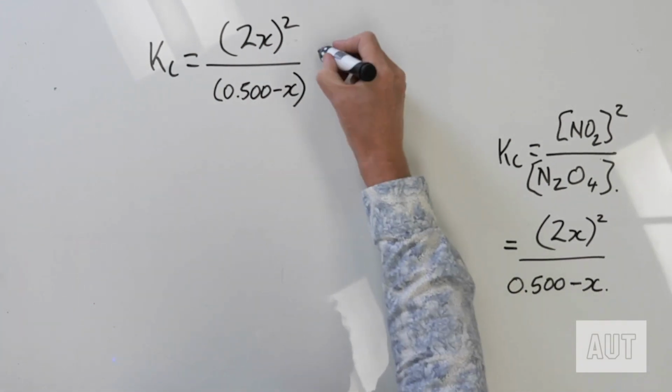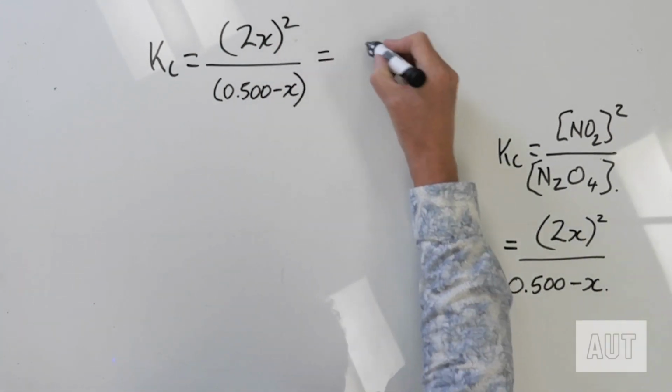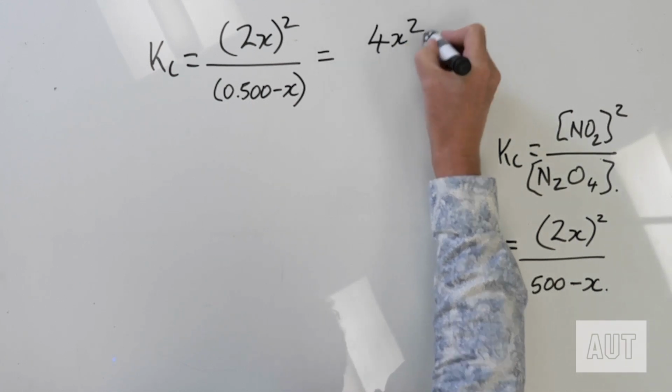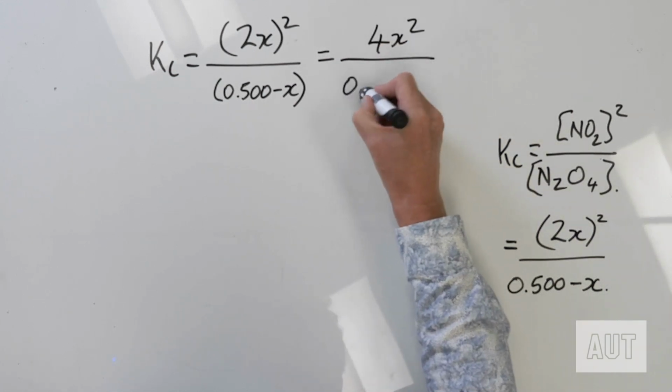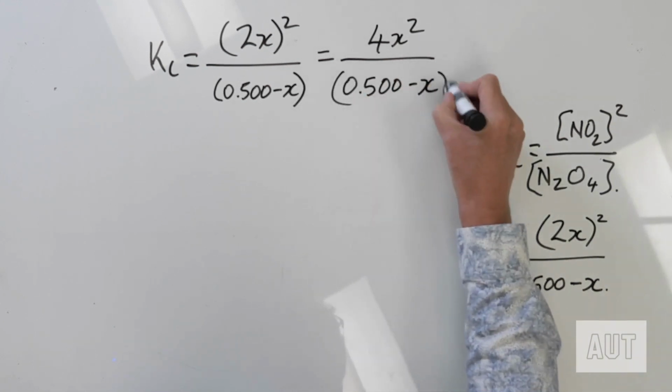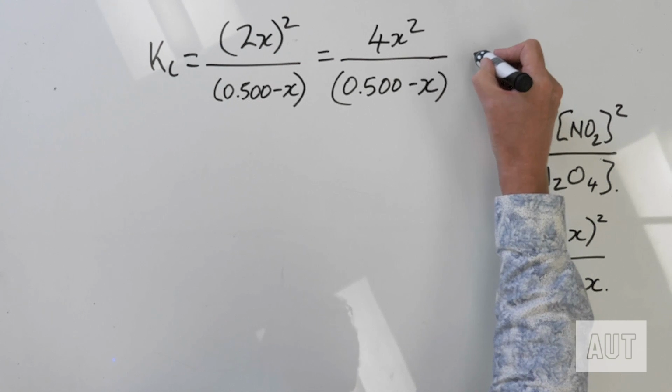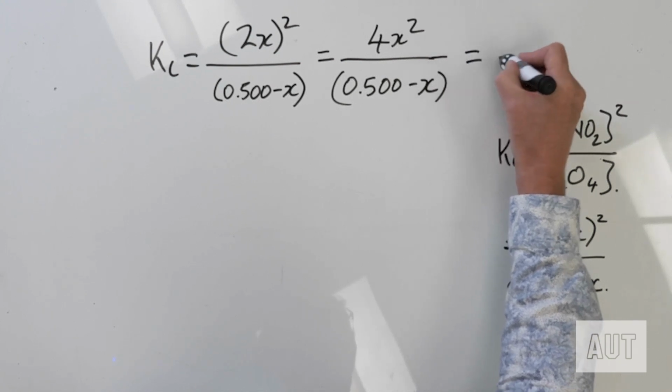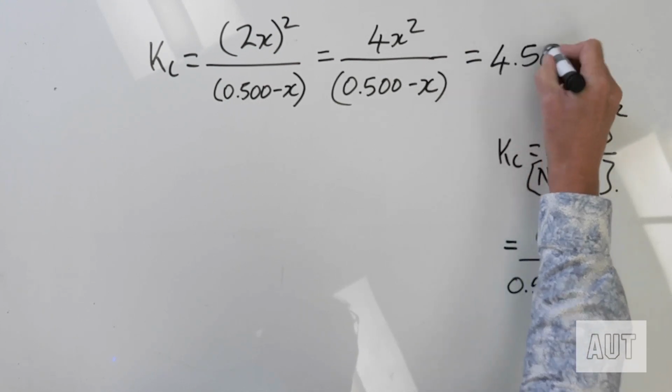Let's multiply out the top line. (2x)² is equal to 4x² over 0.500 minus x. And remember, we were told that the value of Kc under these conditions is equal to 4.50.